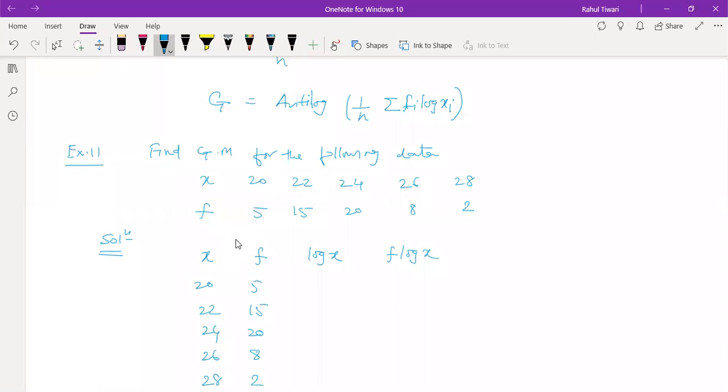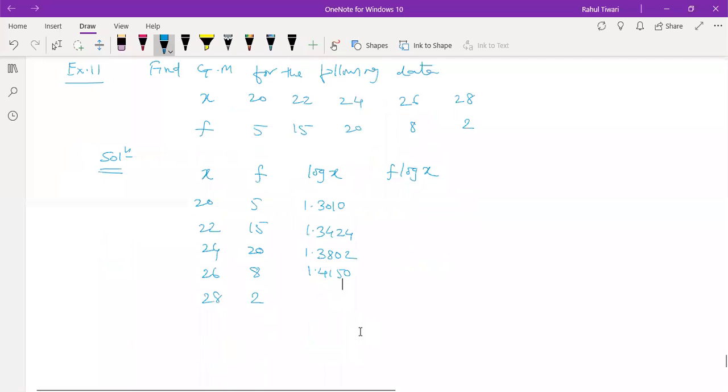Calculate log of this, which may be 1.3010, 1.3424, 1.3802, 1.4150, 1.4472.